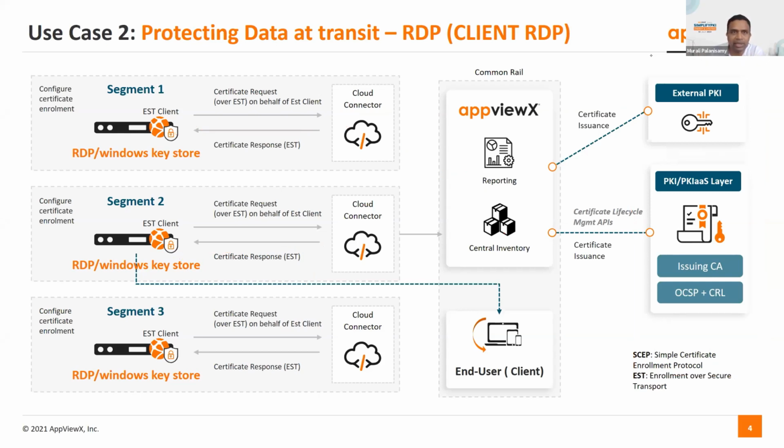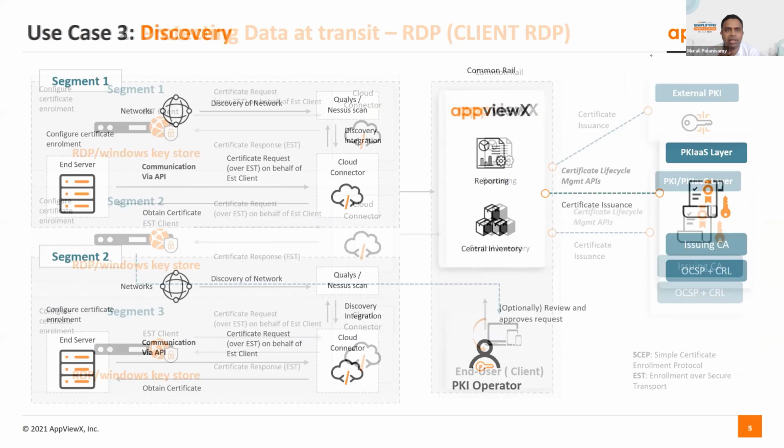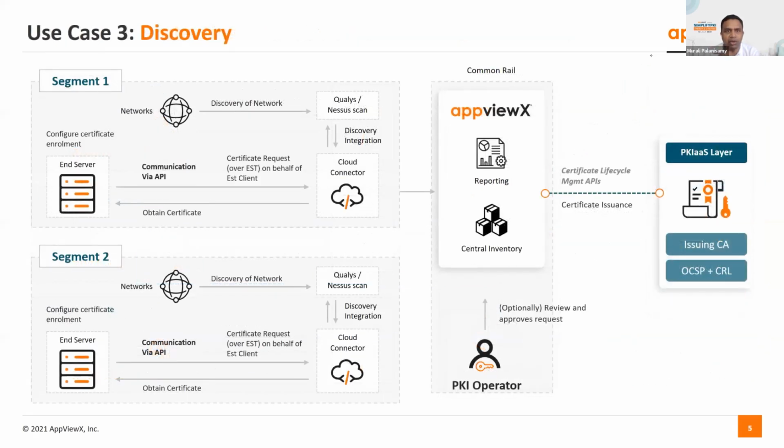Now, the next important use case is about discovery or visibility, right? This is another important aspect, especially when you're talking about a segmented environment. See, I keep talking about segmented environment, right? Since there has been an awareness about how to secure or enhance security, there have been talks about zero trust models, zero trust application deployment model.